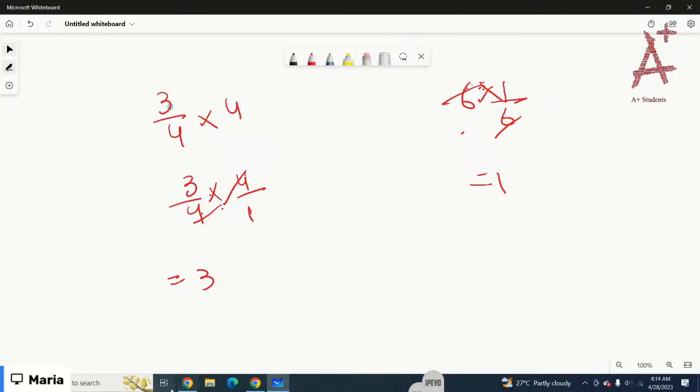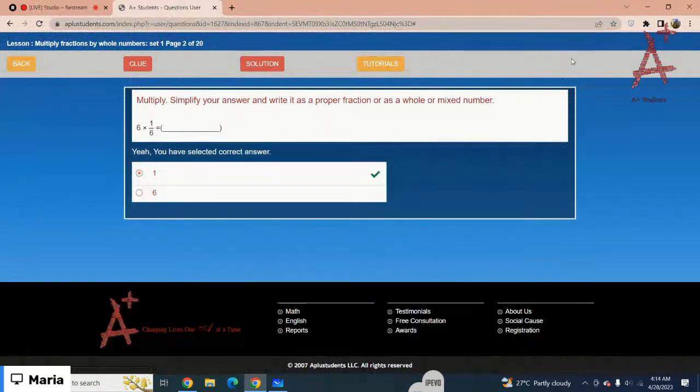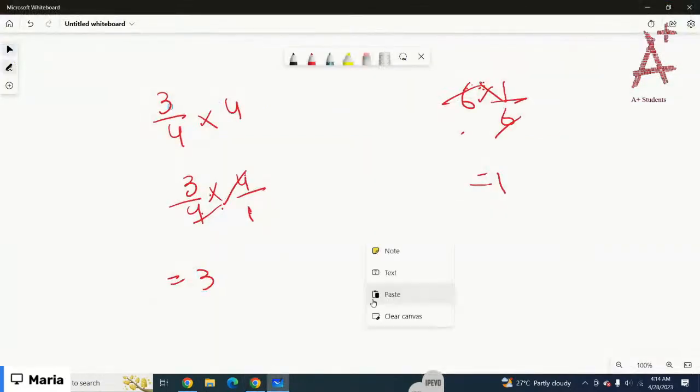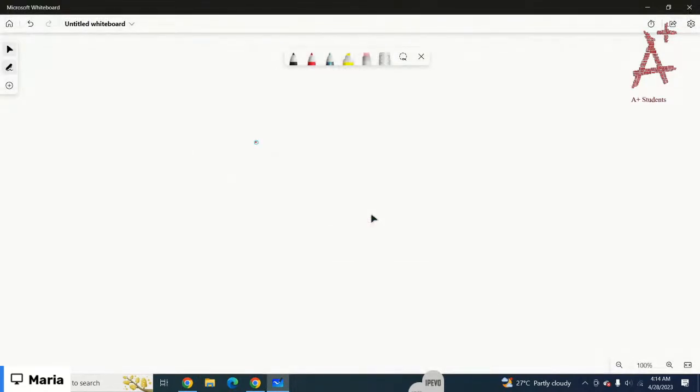So the correct option is 1. Okay, the next one is 8 times 7 over 8. You can cancel out the 8 and you are left with just 7. So the correct option is 7.